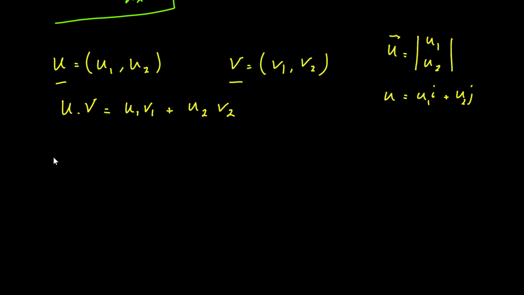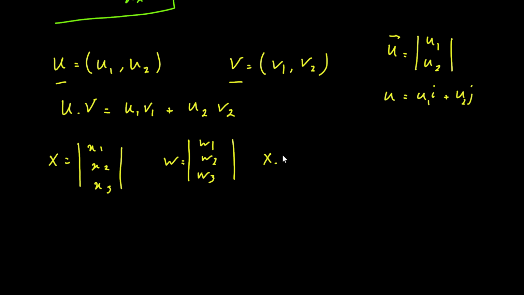Now, if we had a vector x as x1, x2, and x3, and w as w1, w2, and w3, and we wanted to do x dot w, we do the same thing: x1 w1 plus x2 w2 plus x3 w3. And the result would be a number, a value.